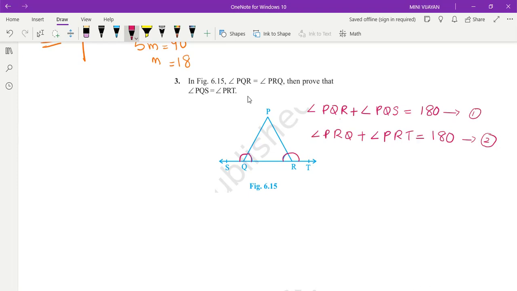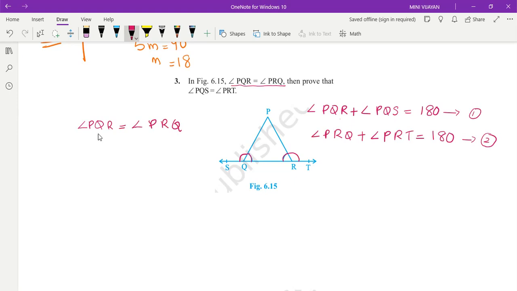Now come to this question. What is given in the question? In the question it is given that PQR is equal to PRQ. Just write that step. Angle PQR is equal to angle PRQ.